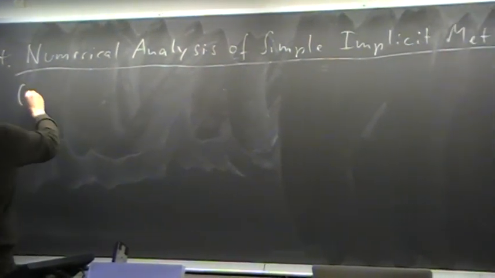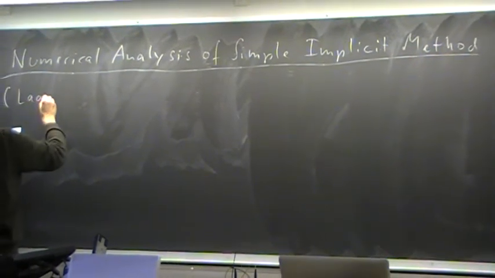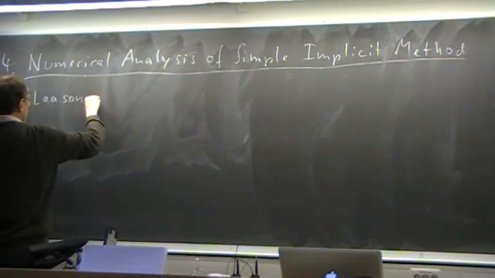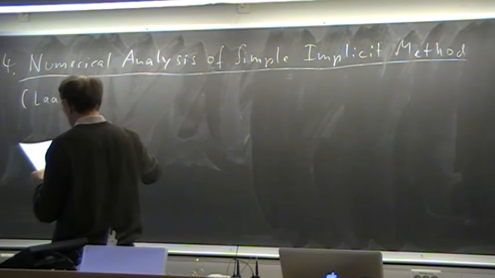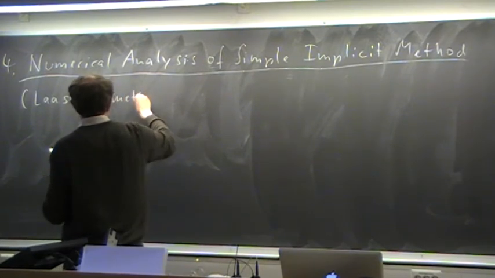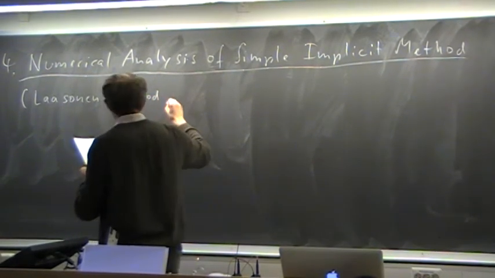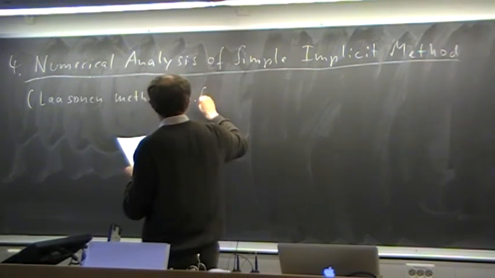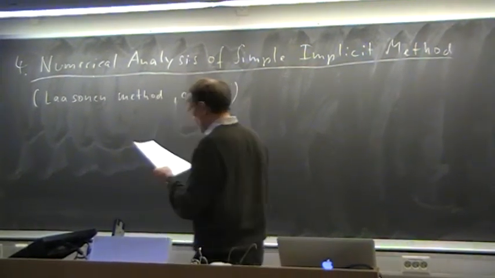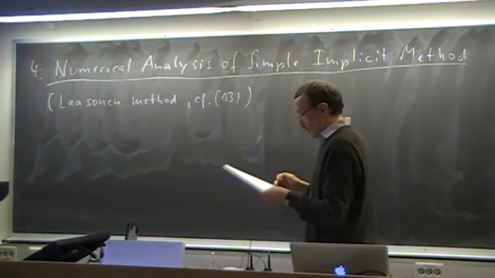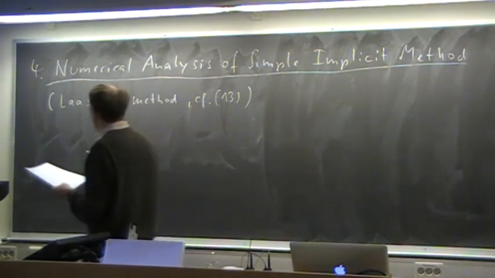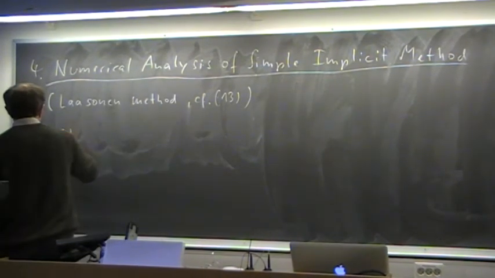And that is what we have also seen, has been also named after the scientist who devised that first, Laasonen, and that was what we looked at in 13. And the method, just to remind you, is the following.